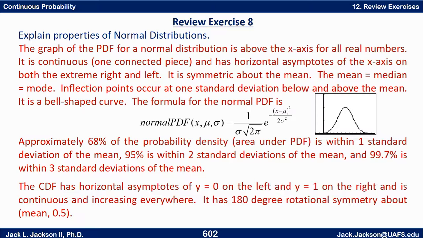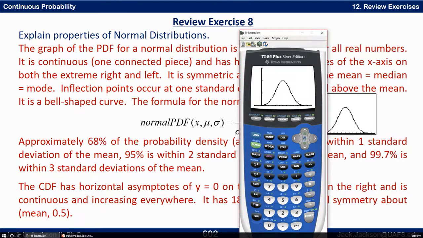So let me modify the graph here to include the CDF as well, for the same distribution. So this would be normalCDF, and we don't have to go that low, negative 20 is definitely low enough.